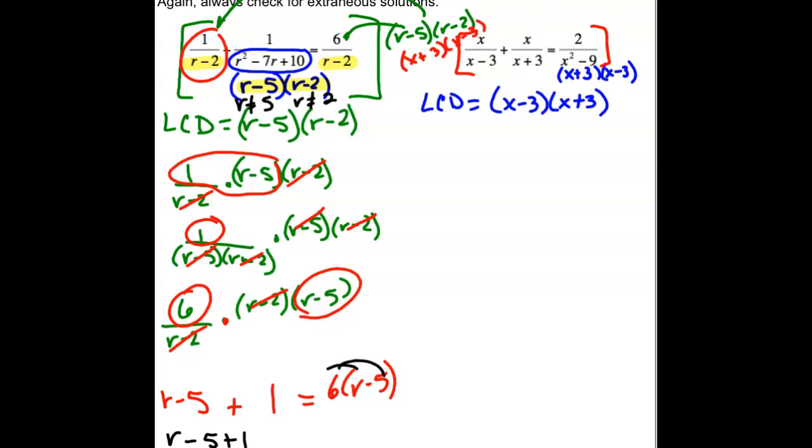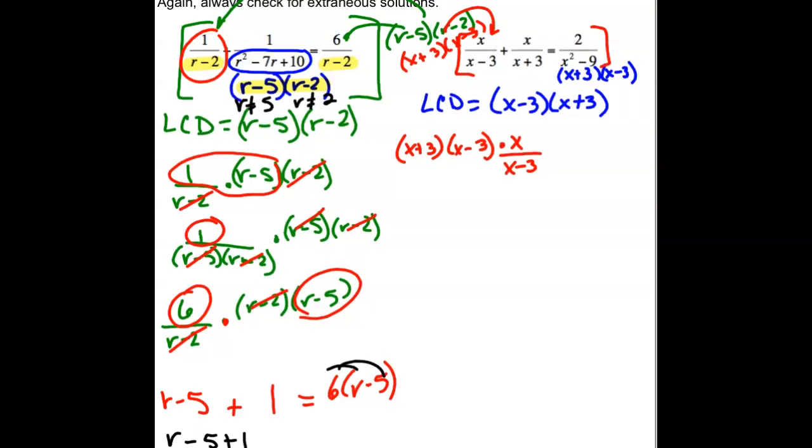Okay? When we multiply it to the first fraction, we have x plus 3, x minus 3, and we're multiplying it to x divided by x minus 3. Now the x minus 3's drop out, and x times x plus 3 would give us x squared plus 3x. Okay? Distributing it to the second fraction. Now I have x plus 3 times x minus 3.